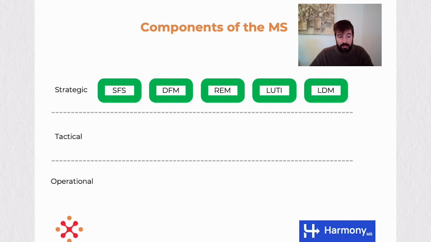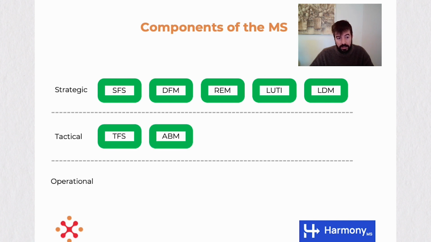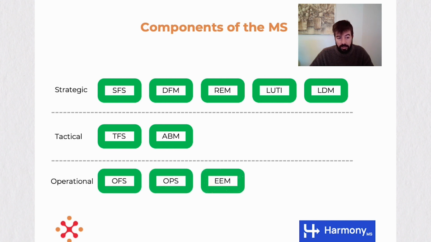At the strategic level, we have several models, and here we can list 5 of them. At the tactical level, we have the tactical freight simulator and the activity-based model. Operational, we have the operational freight simulator, the operational passenger simulator, and the energy and emissions model.